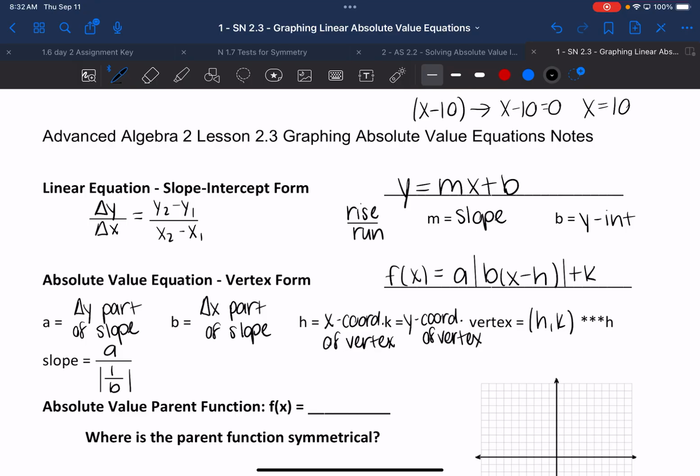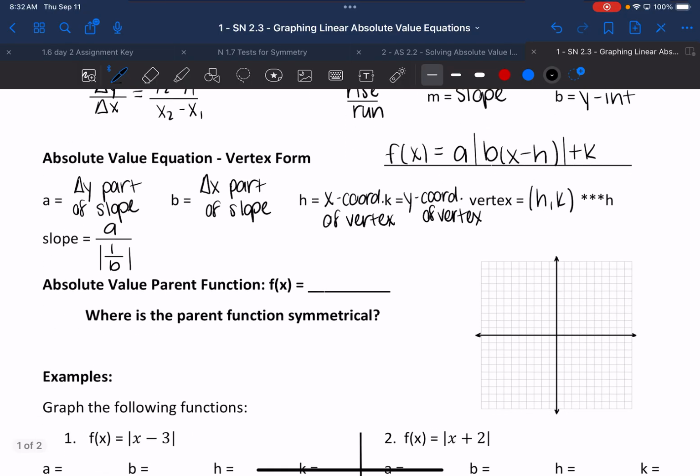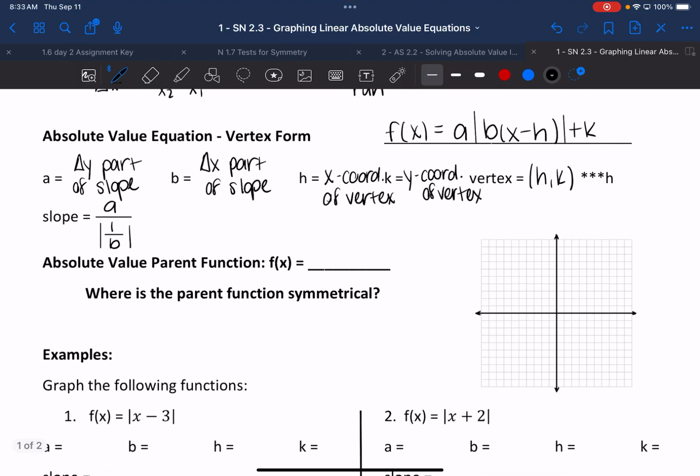All right, so keeping that information in mind, we are now going to graph the parent function. So that way we know what the idea of this graph looks like, and then we can talk about transformations. So the absolute value parent function, remember your parent function is the one with as little change made as possible, right?